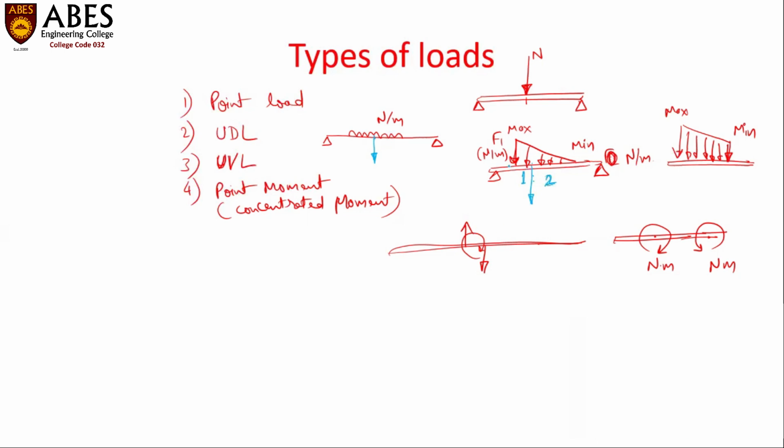If the length of the UVL is suppose x, so the center of gravity of this force will divide the overall length of this force in the ratio of 1:2, where 1 will be the distance from this 90-degree corner and 2 will be the distance from this 0 corner where the force intensity is 0. In this way, the whole length of this UVL is divided into 1:2 parts. So these are the different types of loads.